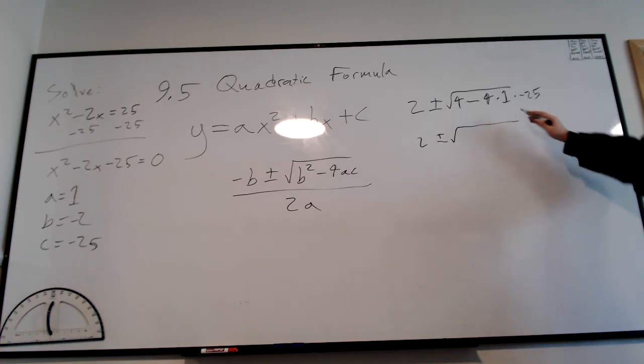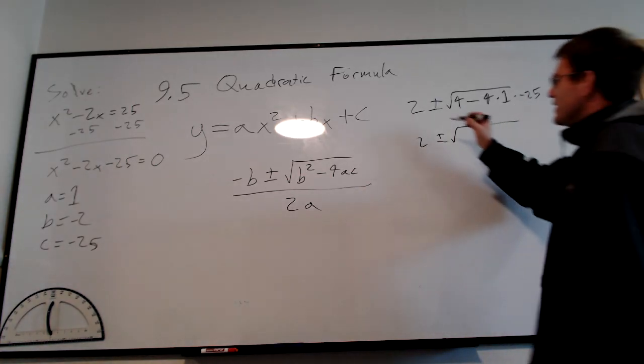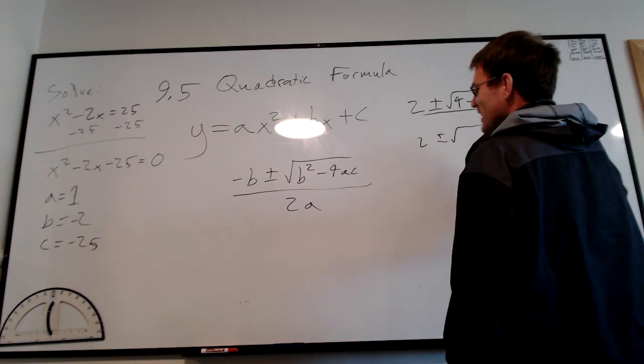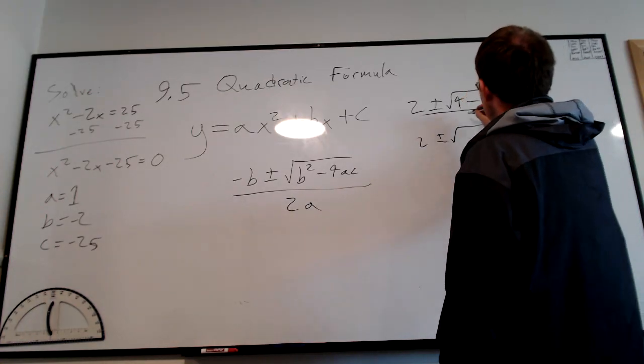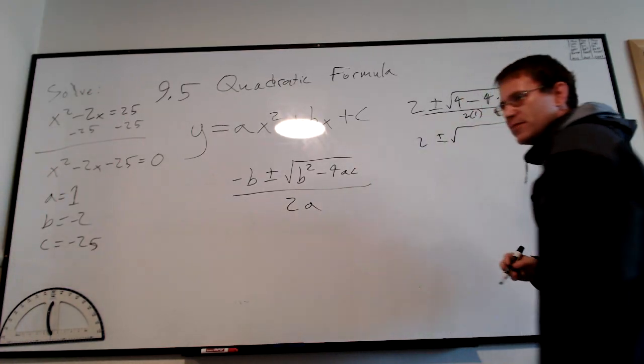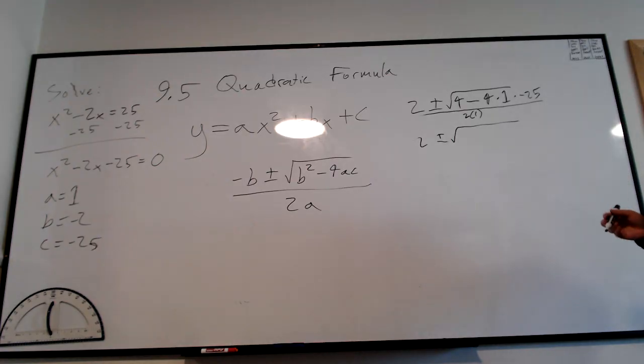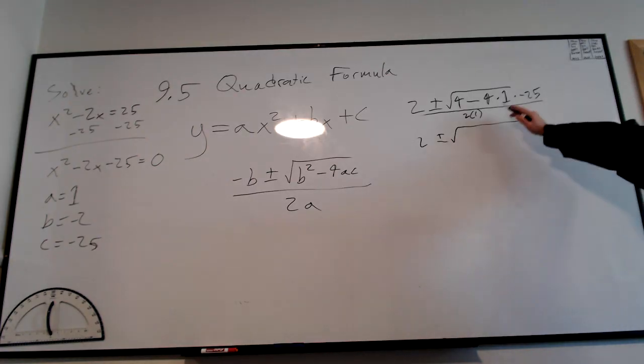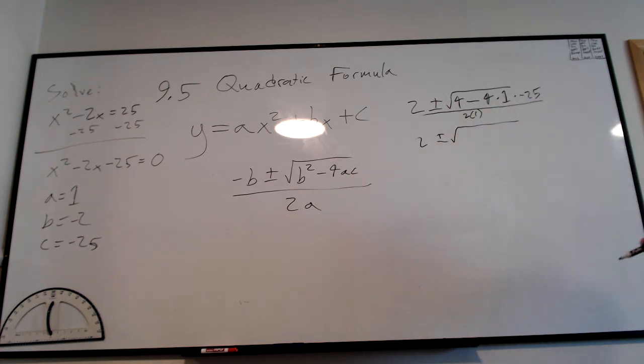Don't we need it under 2a? Yes we do. I have not done that yet, but yes we do. So 2a would be 2 times 1, which is just 2. So 4 times 1 is 4. 4 times 25 is what?